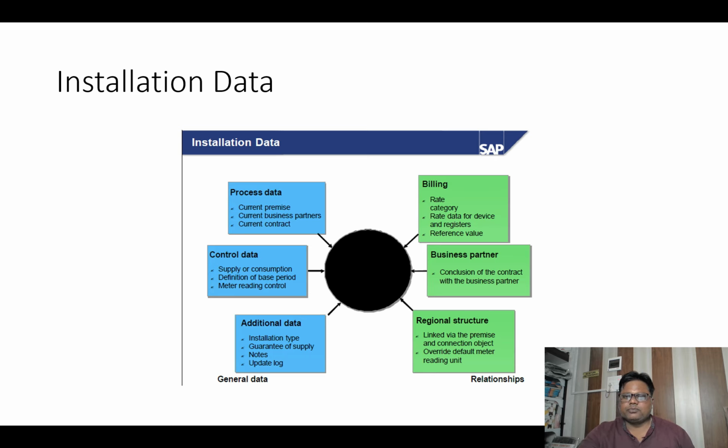In relationship, we maintain in billing rate category, rate data for device and registers, reference value, business partner, conclusion of the contract with the premise business partner, regional structure linked by the premise and connection object, override default meter reading units.